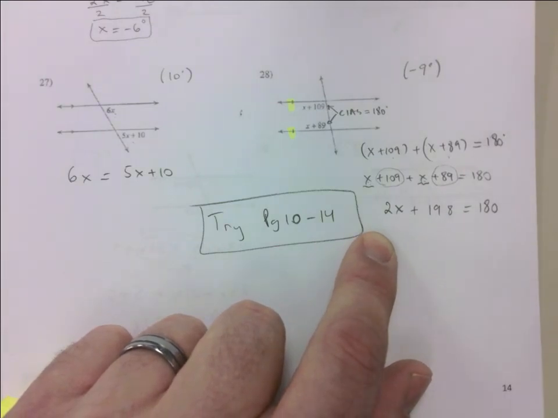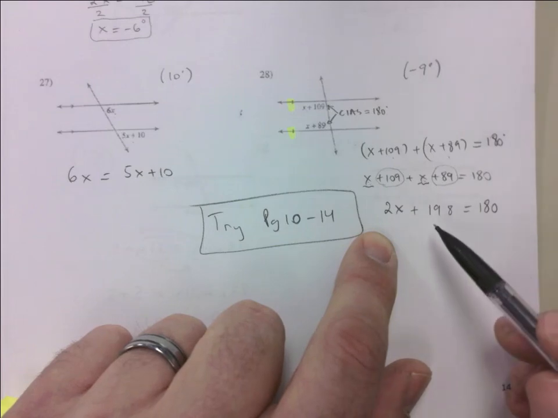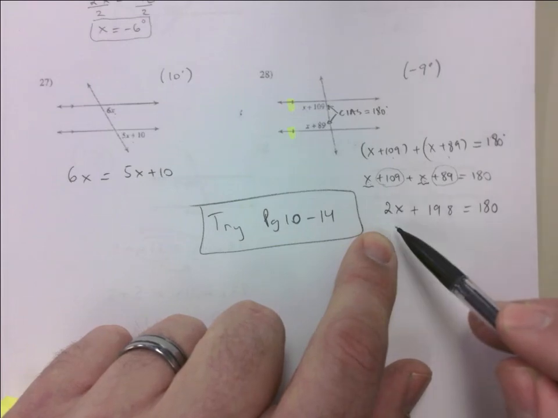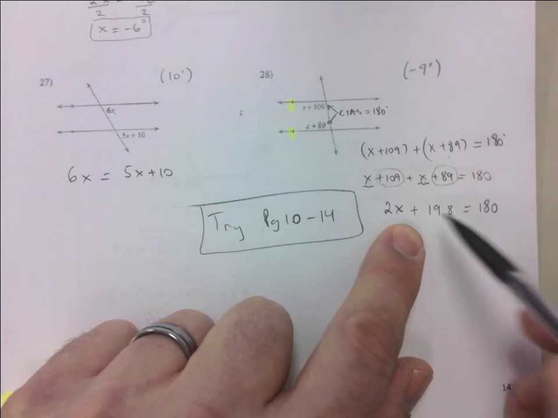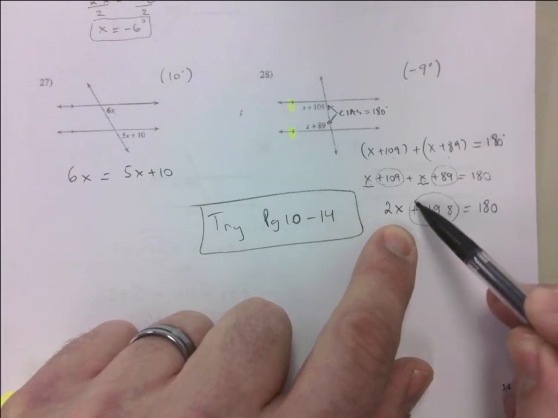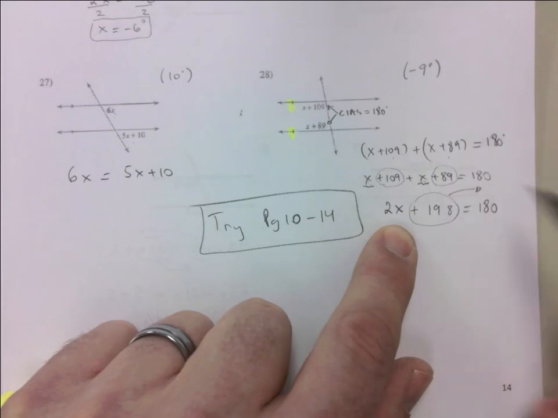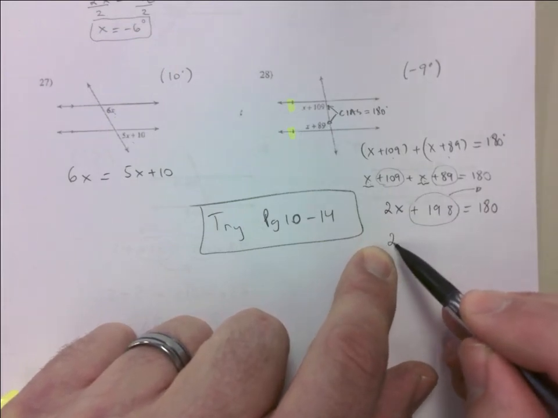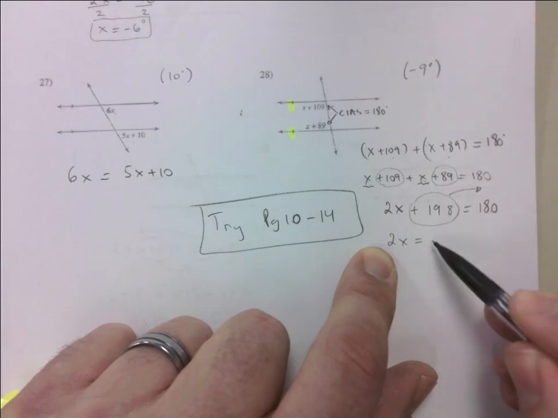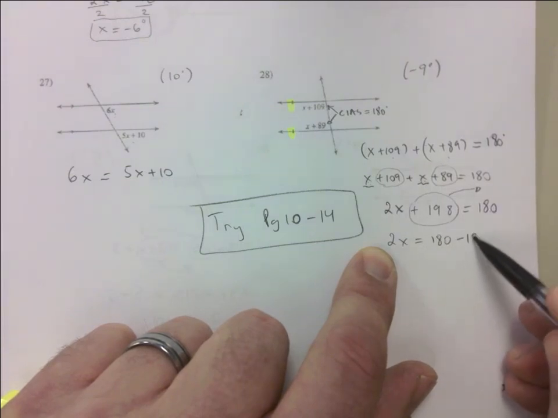At this point, I bring stuff over. So I want all my variables on one side and all the constants on the other side. So I'll take this term and bring it over to the other side, leaving me with 2x is equal to 180 minus 198.